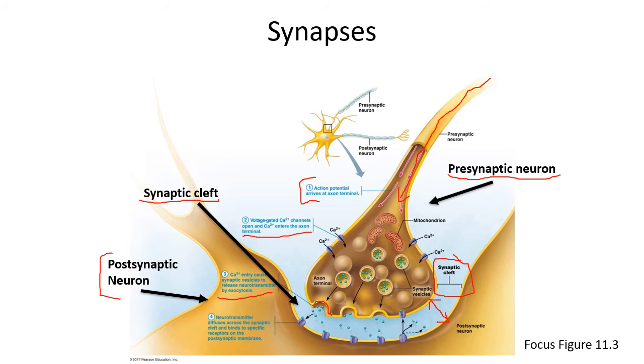These neurotransmitters are going to cross the synaptic cleft and then enter into the postsynaptic neuron, which will then create the action potential at the postsynaptic neuron to continue down its way.